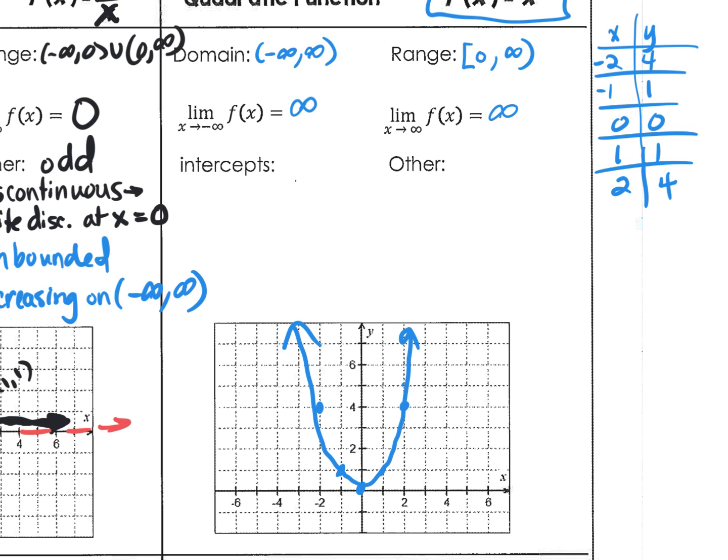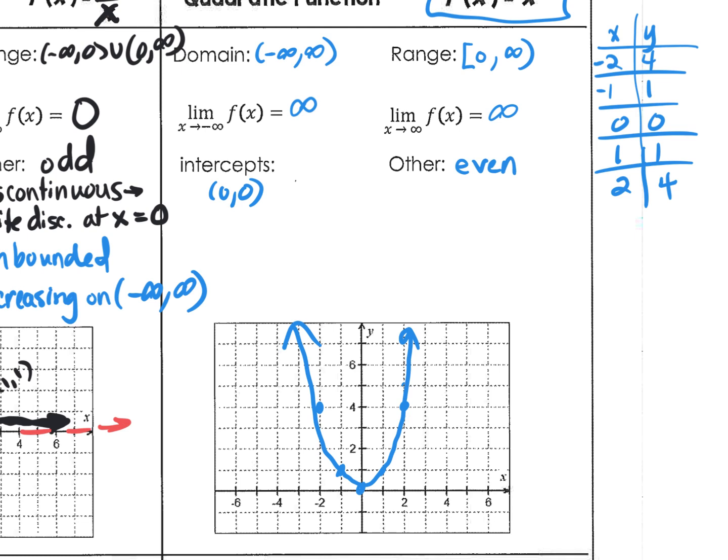All right, intercepts. Does it have an x-intercept? 0. Does it have a y-intercept? 0. Crosses the x and y axis both places at the origin. So the intercepts are 0, 0 for both. All right. Other. Is it odd, even, or neither? Good. It is even.